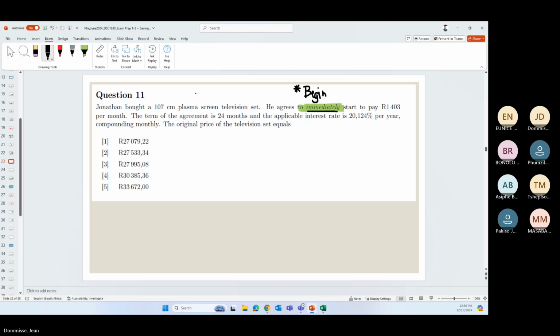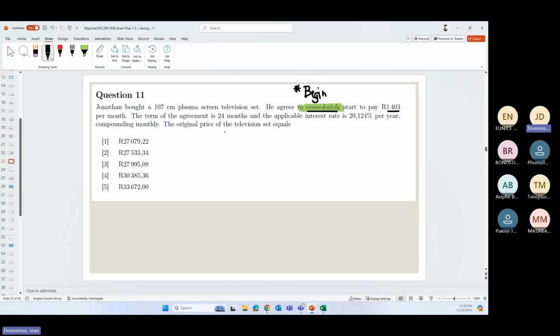Okay. So Jonathan bought a 107 centimeter plasma screen TV. He agrees to immediately start to pay 1,403 Rand per month. The term of the agreement is 24 months, and the applicable interest rate is 20.124% per year, compounded monthly.